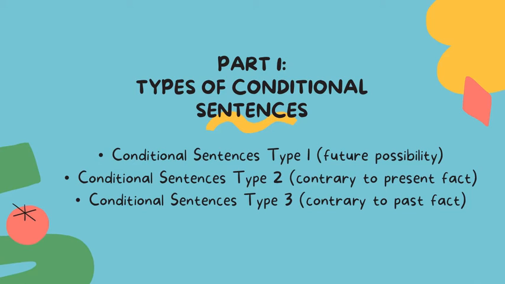And the last is type 3, used to express things contrary to past fact. Now let's get down to the details of the first type, conditional sentence type 1.